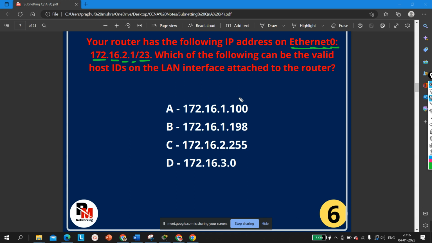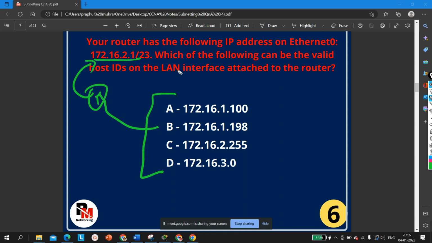Among these IP addresses, which one is a valid host of the network to which this IP address belongs? So there is one network, and this IP address is part of that network, and one valid IP address is also part of that network. Tell me which IP address is part of that network.